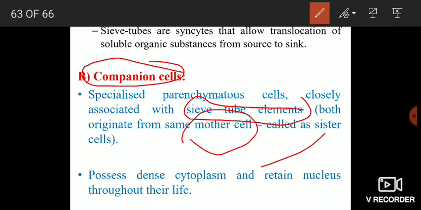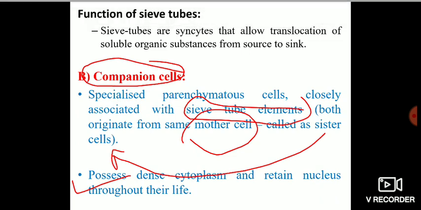So they are regarded as sister cells because they have arisen from the same cell. These cells possess dense cytoplasm and retain their nucleus throughout their life. They do not lose their nucleus.